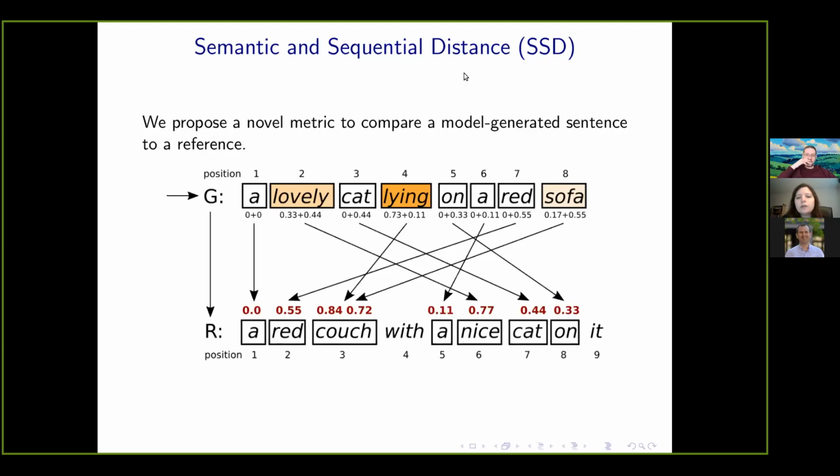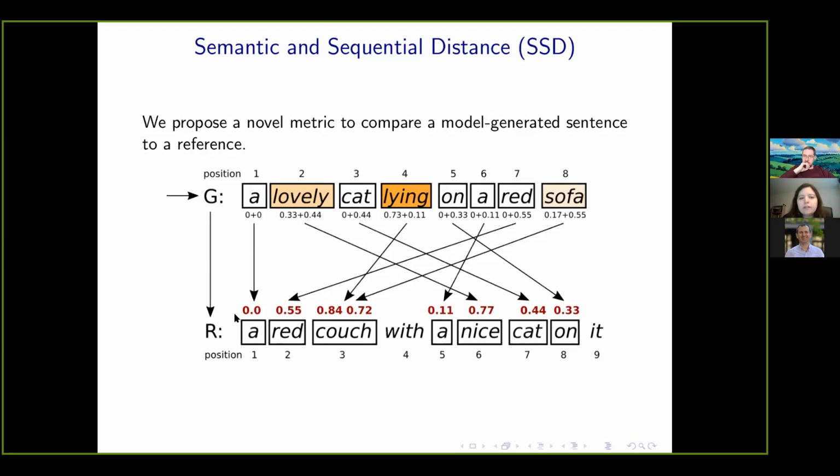So we propose this SSD metric, which looks at, let's say, this is the generated sentence and this is the reference sentence. And we calculate this score from two directions, from G to R and R to G, and we take the average of these two directions. What happens in one direction is that we use pre-trained Dutch word embeddings. So this is just a toy example.